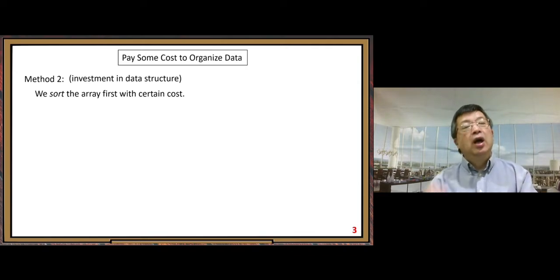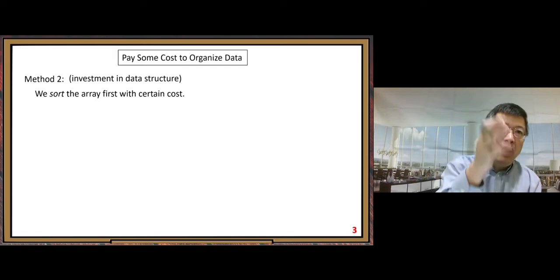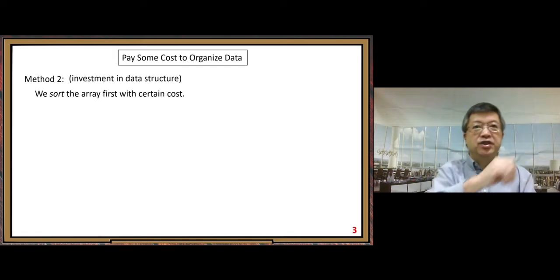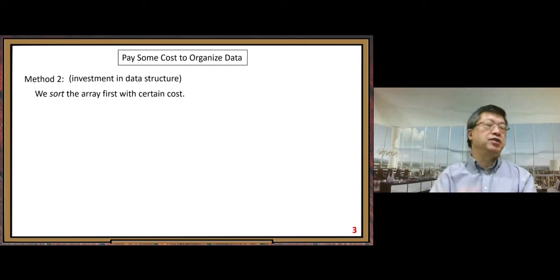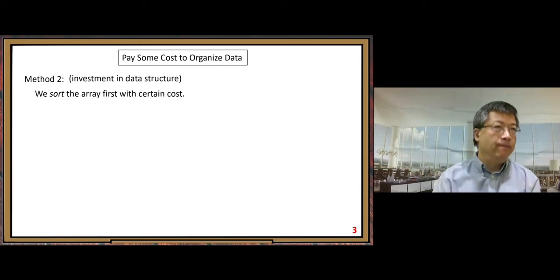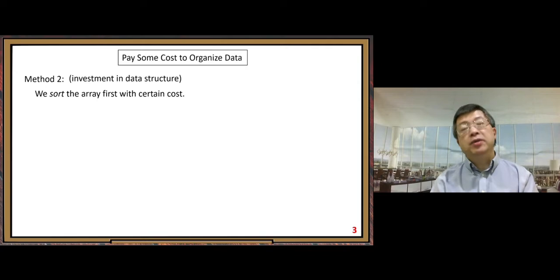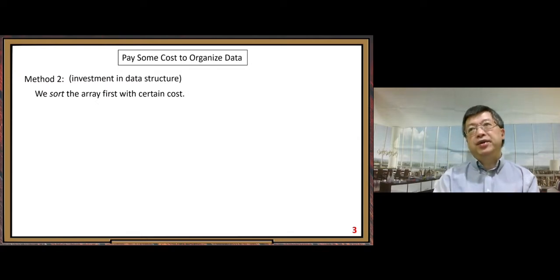We sort the array first. Given an array, we sort it first. How much cost do we need to pay when we sort an array? Here, we would like to use the best sorting algorithm, not selection sort.